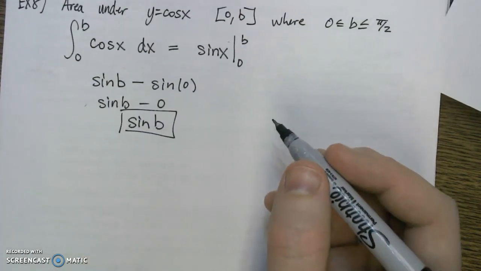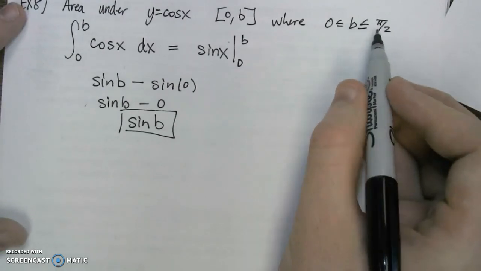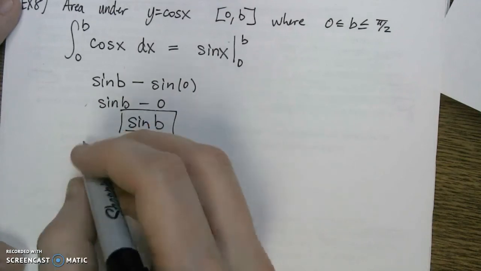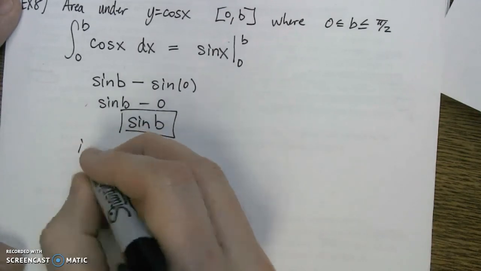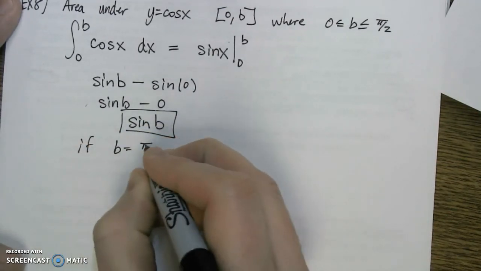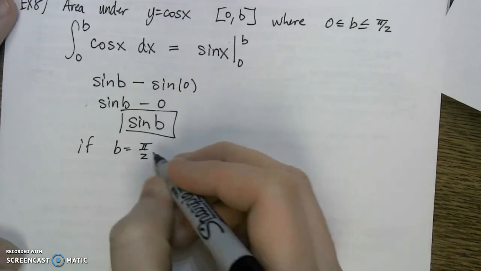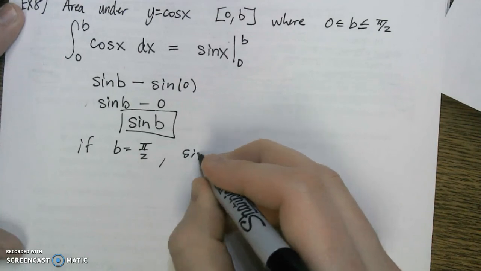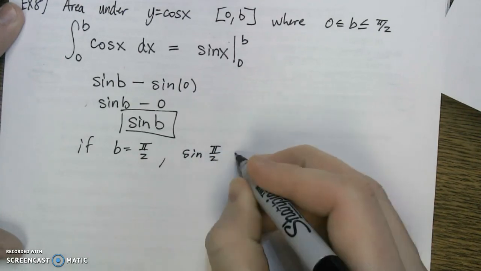And then just in case b is pi over 2, we could say if b is pi over 2, then we can actually get a real answer here. And so that would be sine pi over 2, which is 1.